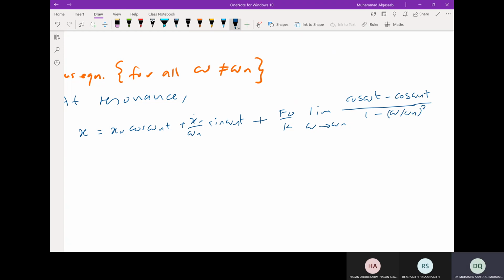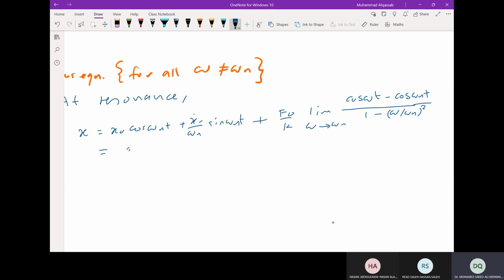Now you can see this term is a function of omega, so when you put omega equal to omega n, you will have 0 divided by 0. We apply the L'Hopital rule, which means we take the derivative of the numerator with respect to omega and the denominator with respect to omega, and then substitute. Here, when we substitute the first time, we will have 0 divided by 0, so I'm not going to do that.